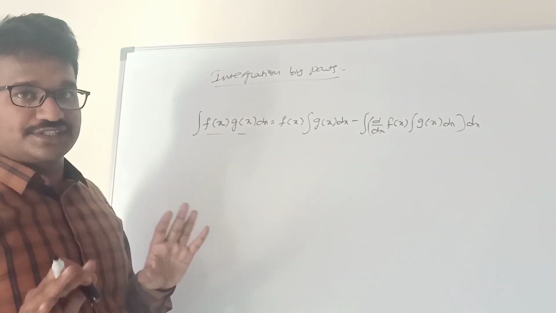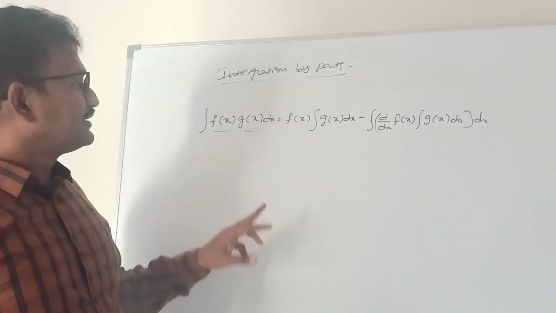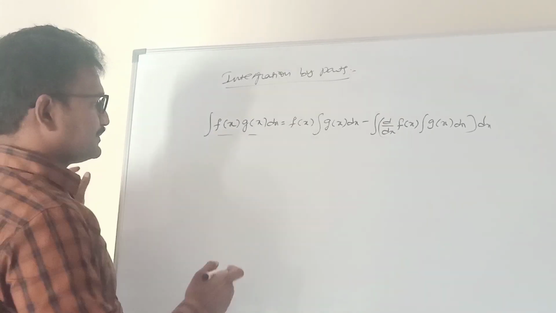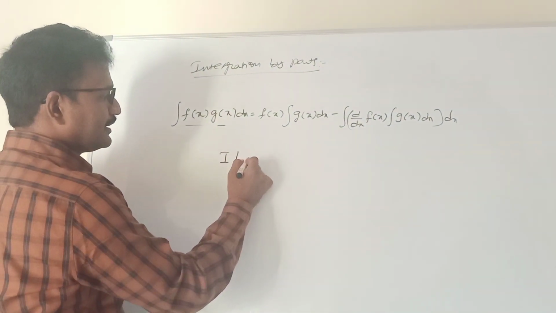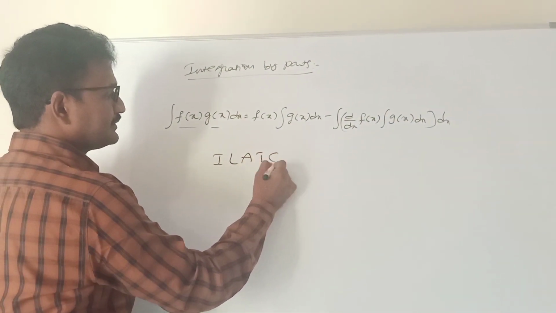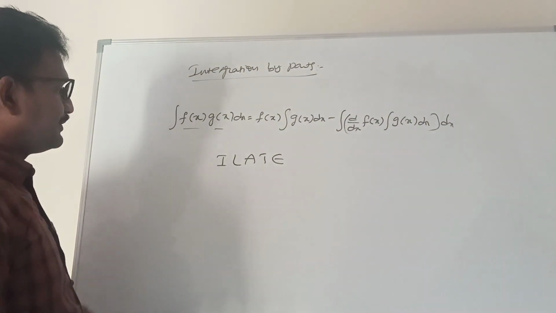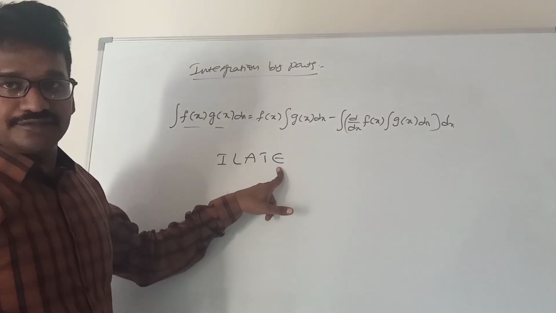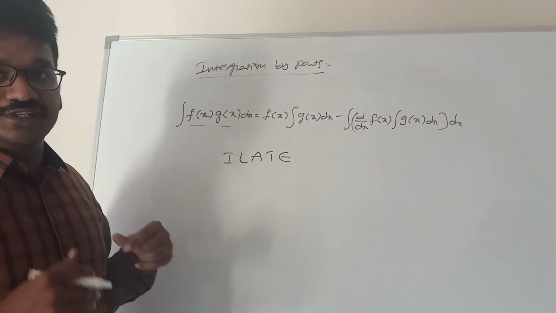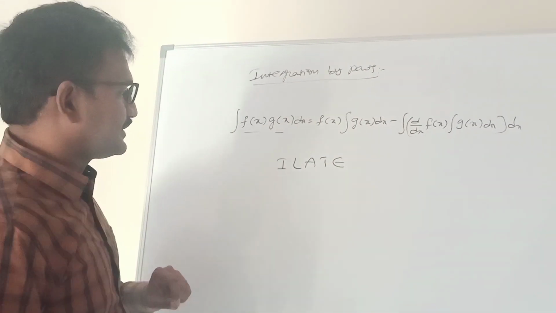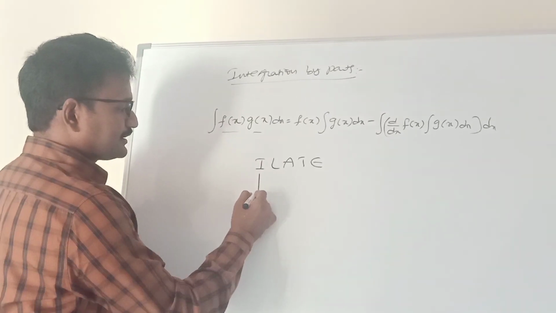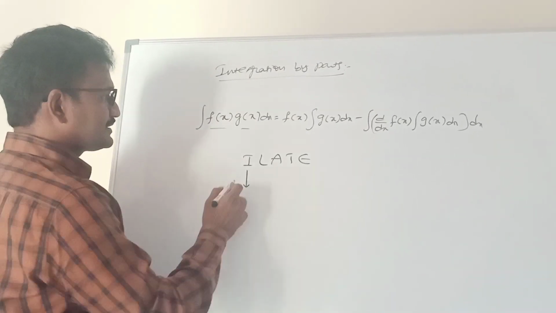There is a rule, and 99% of cases we will follow the rule ILATE. In this ILATE order, whichever function comes first, that function we will use as f of x.